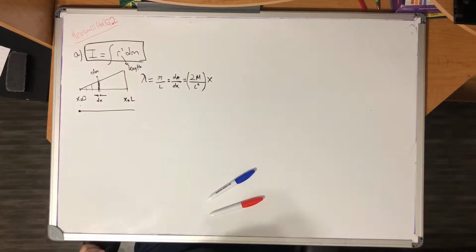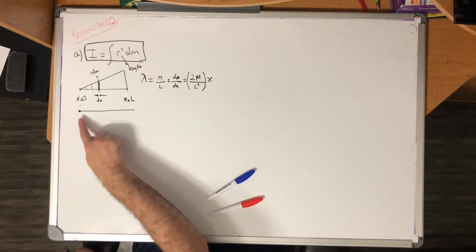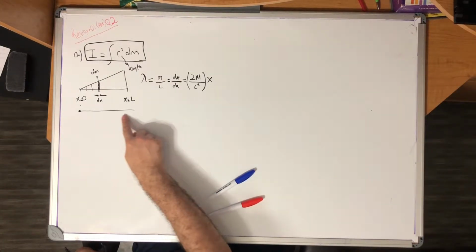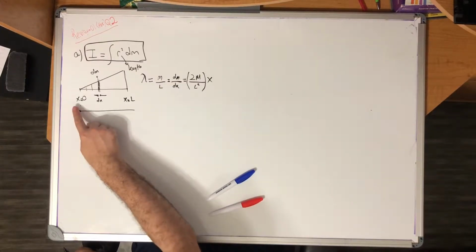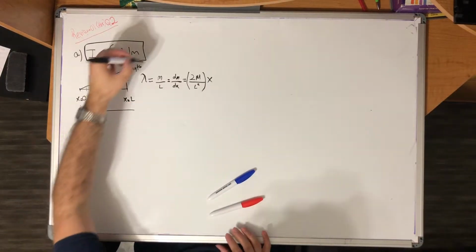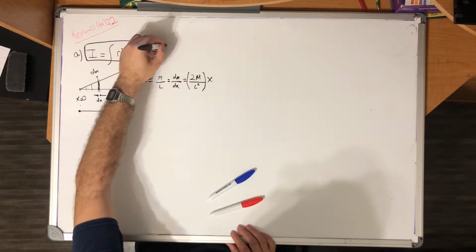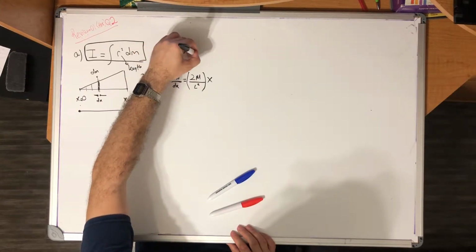In our function this is defined as x, because I start from 0 and change my length x. So in my equation, I equals the integral of x squared dm.